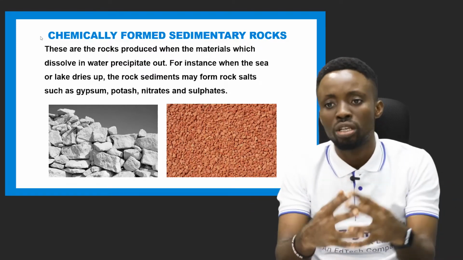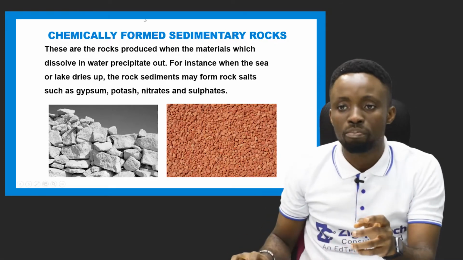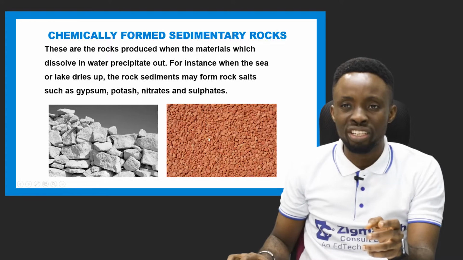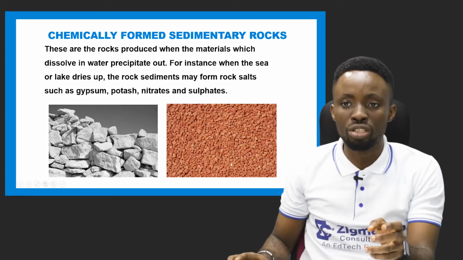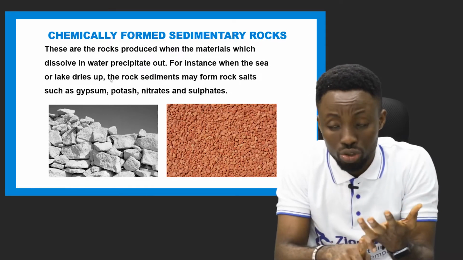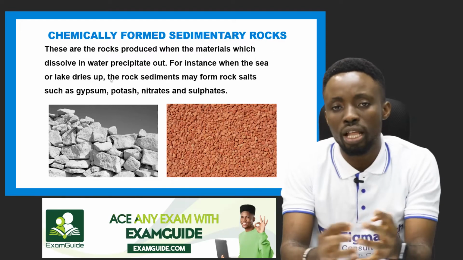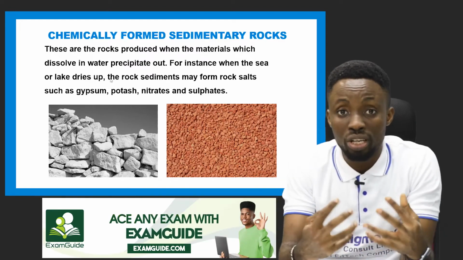Let's take, for instance, gypsum and potash, like the potash we have on the screen right here. This is an example of a chemically formed sedimentary rock. Now, these rocks are formed from, apart from dissolution, other chemical reactions or chemical processes like solution, carbonation, and the rest of them.